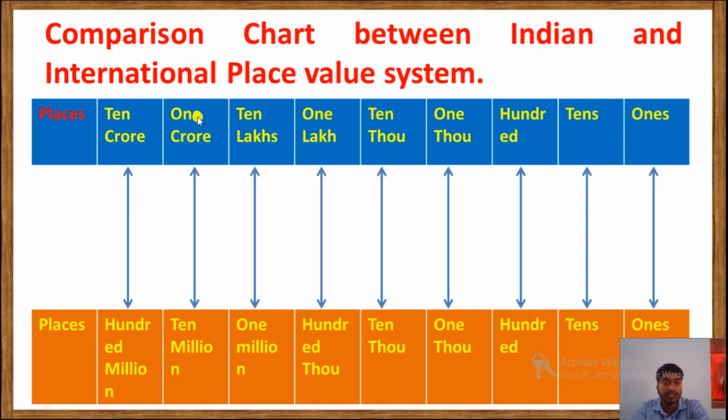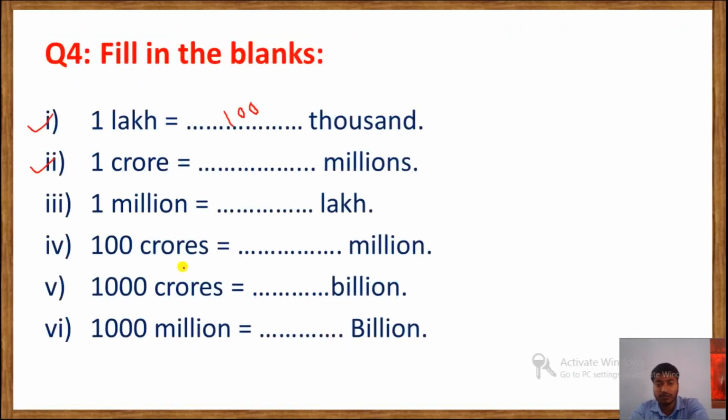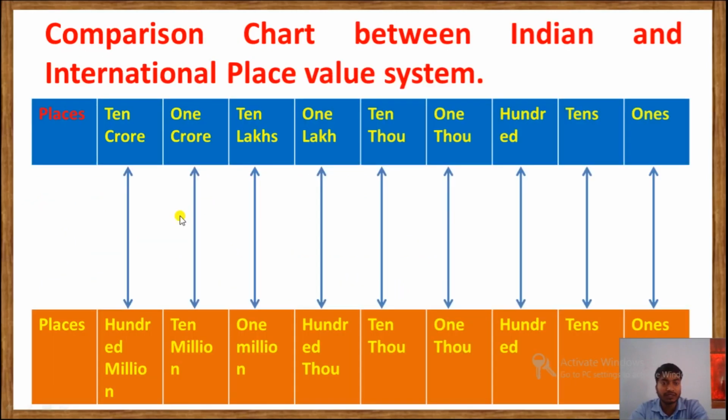Clearly you can see 1 crore is equal to 10 millions, so here will be 10. Okay, the next: 1 million is equal to how many lakhs? 10 lakh, because 1 million is equal to 10 lakh.